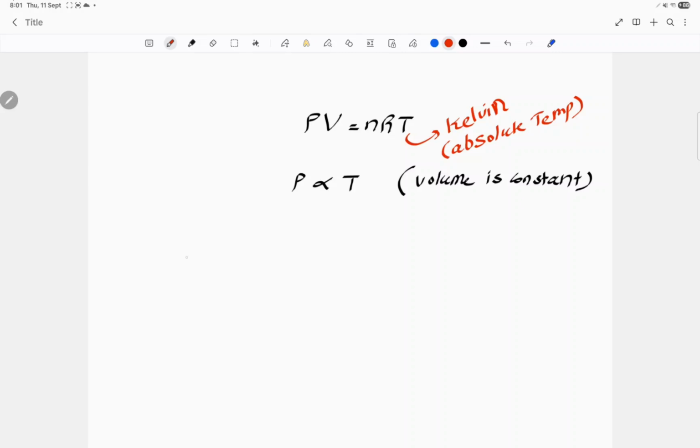Now, when temperature is equal to 0 Kelvin, we call that the absolute 0. And when this happens, the pressure has to become also 0. Okay?